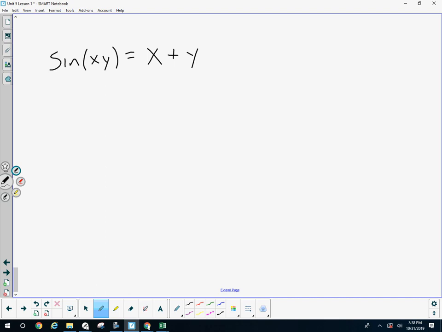Write small, we need some space. This is kind of messy. And do we do product for the xy? Yes. Exactly right. Good analysis. Got derivative of sine, but then the derivative of xy, product rule.